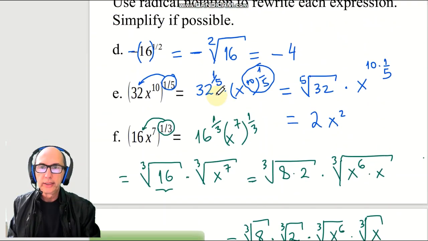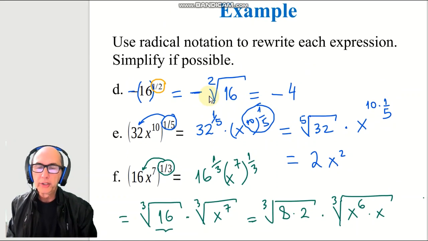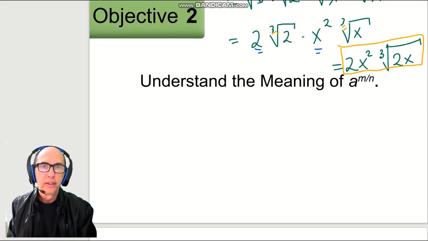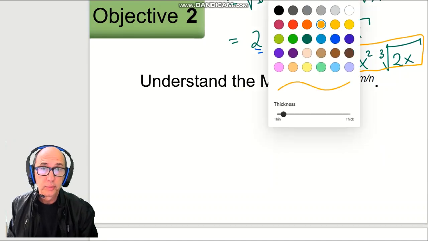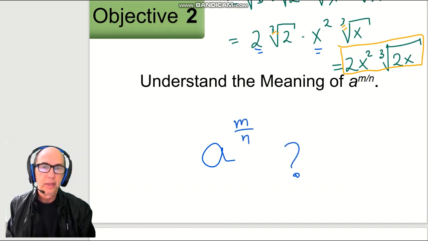Basically, now we understand that if we have rational exponents, we can rewrite as a radical. What about if we have a rational exponent, but instead of 1 over n, we have m over n? What's the meaning of this?